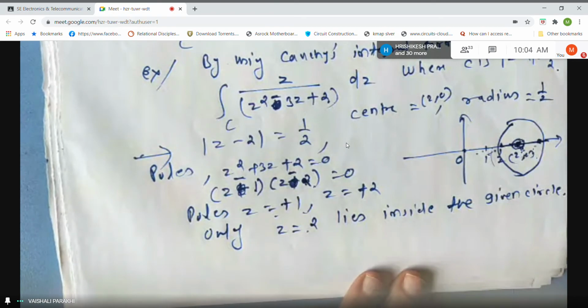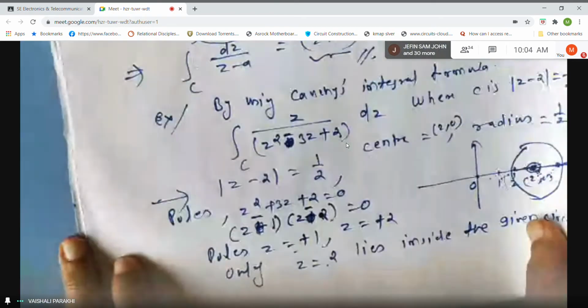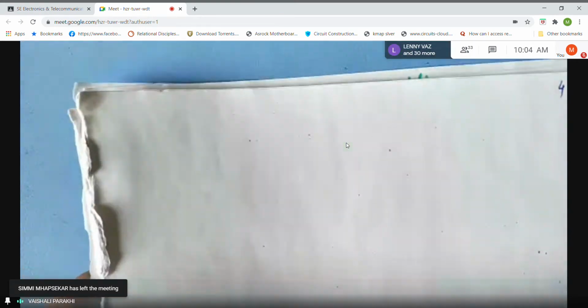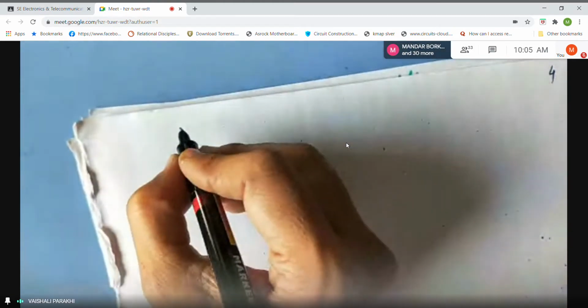Okay. Now let us do the next step, students. This is page number 4. Now we have seen that one pole is inside and one pole is outside. Now what is our integral which is asked to solve?